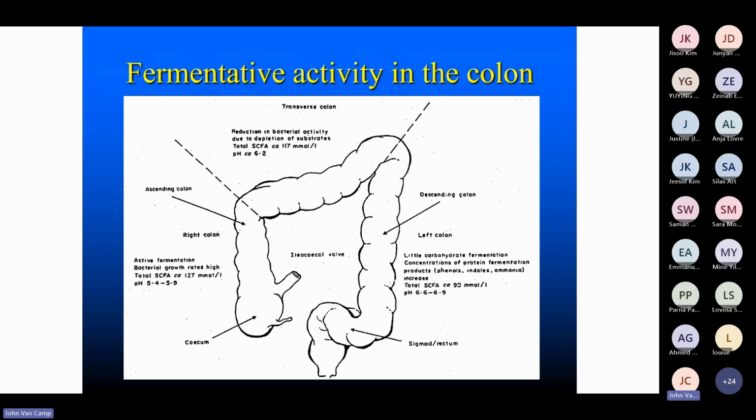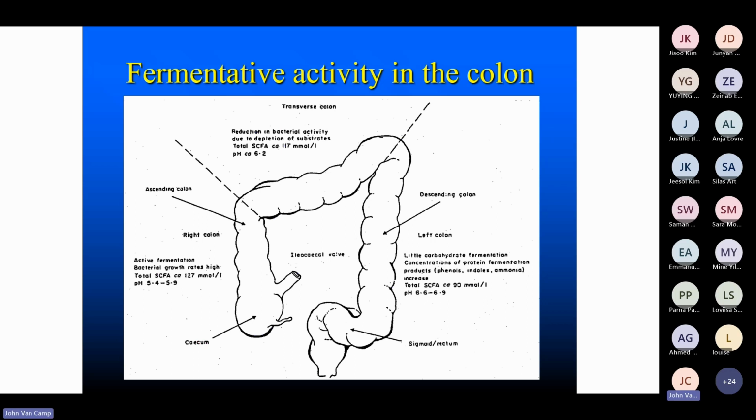There you have the transverse colon in the middle, and then it goes into the descending colon, ending with the rectum. So you can already see that you have different compartments, an upward compartment, a horizontal compartment, and a lower or descending compartment. And in all these compartments, the activity of the microbiota is different. So you can already start thinking about what happens in the ascending colon and what can happen in the descending colon.